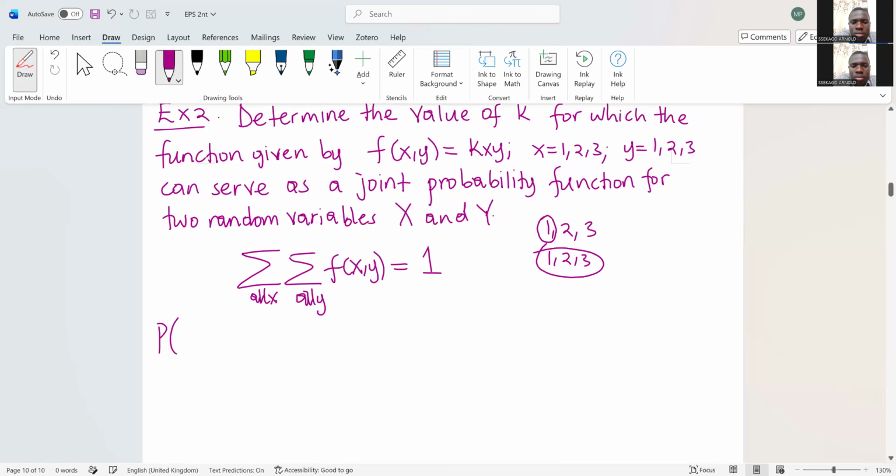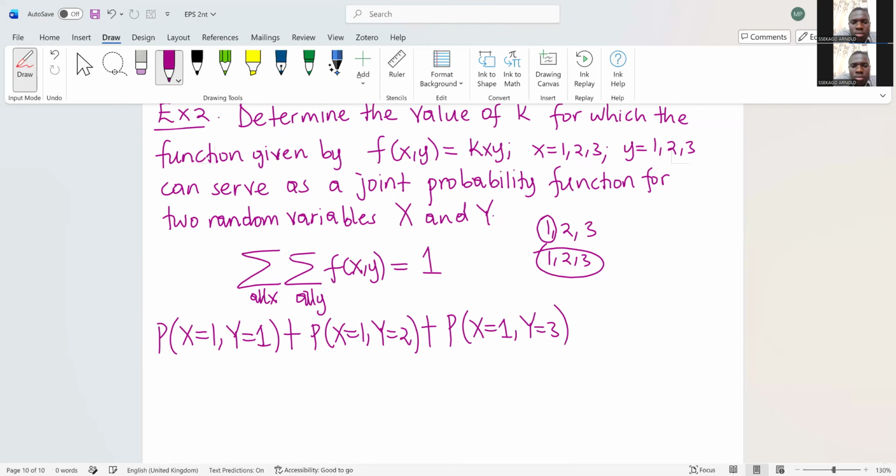The probability of x equals 1, y equals 1, plus probability of x equals 1, y equals 2, plus probability of x equals 1, y equals 3.